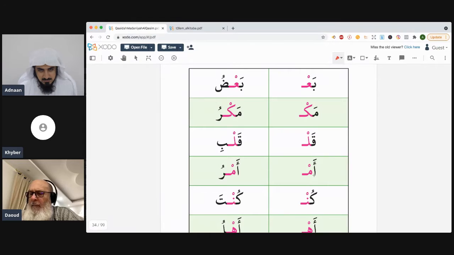Bismillah ar-Rahman ar-Rahim. Ba, ab. Ba, sukun. Ba, ba'a. Ahsan. Ba, ba'du. Ahsan.